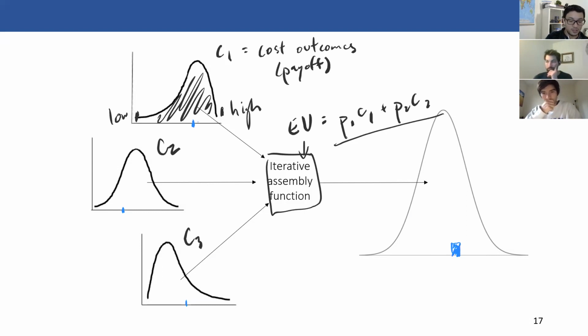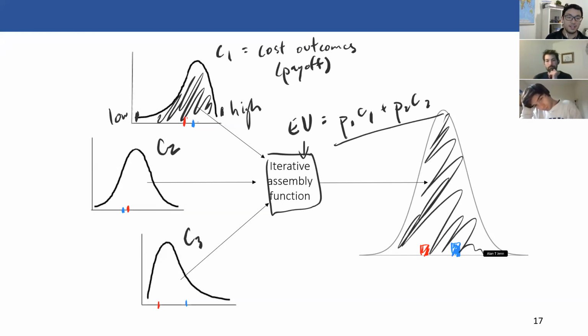Then you sample from these distributions again, and maybe you end up getting a sample there, a sample there, and a sample there, and then your next outcome looks something like this. You continue to do this over and over again until you have a distribution of outcomes that is represented by this final distribution here.